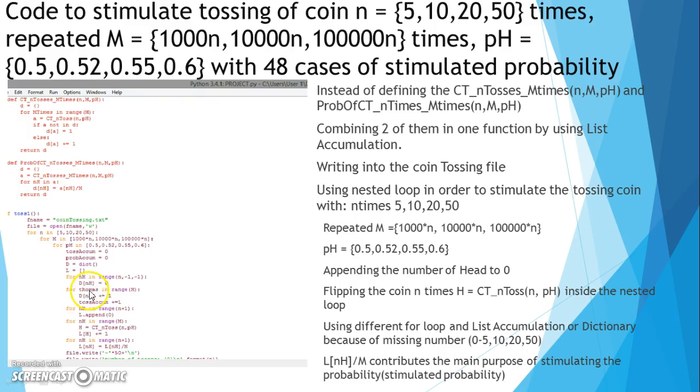So for the loop in range m, we can see m right here, D and H plus n equal to 1, because this is for the sum of all. The probability will divide by 0 if we don't set it to 1. So toss ACOM, set it to 1 to prevent dividing by 0.